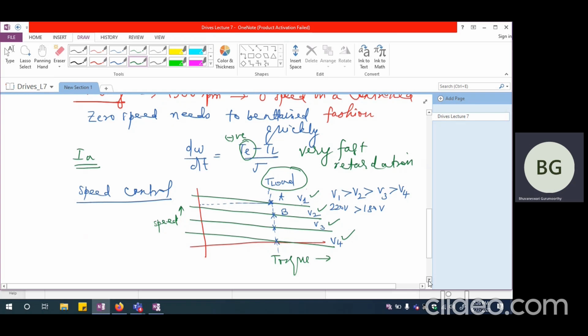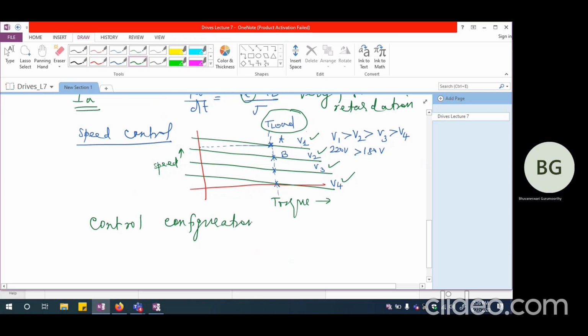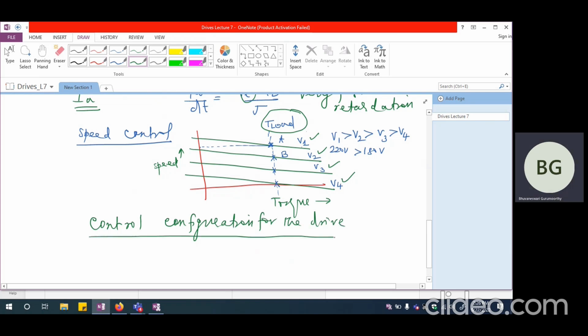So in general, what I'm trying to get at is we will need a control configuration for the drive for three purposes mainly. The first and foremost purpose is to ensure that the drive is safe.